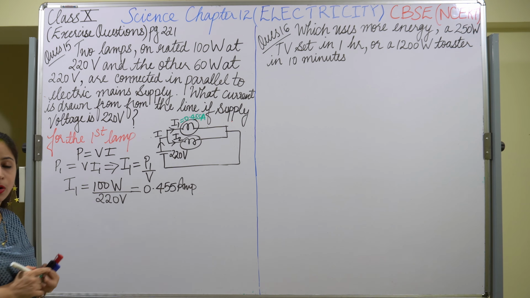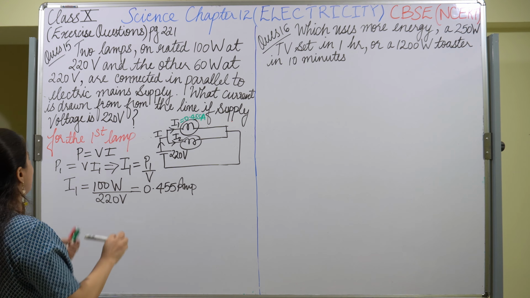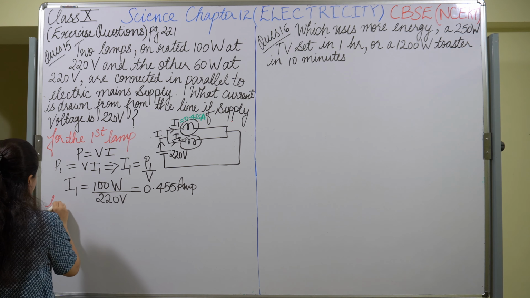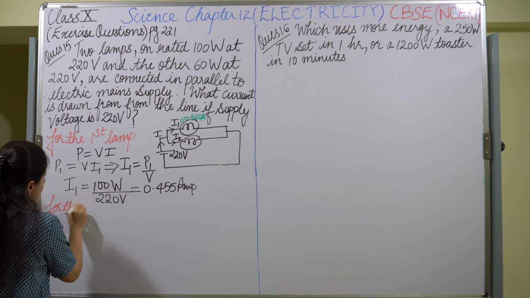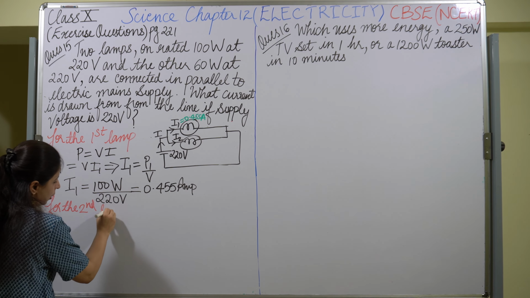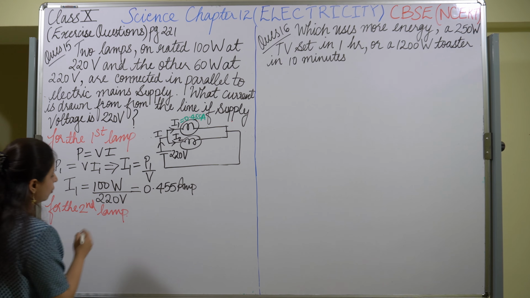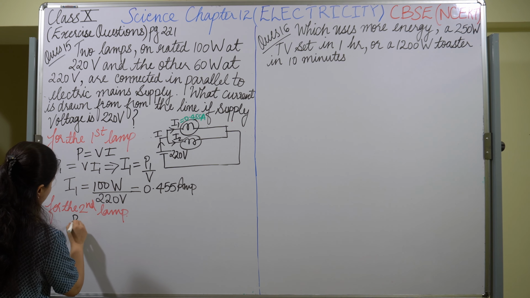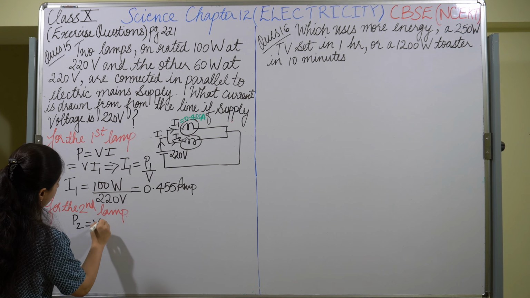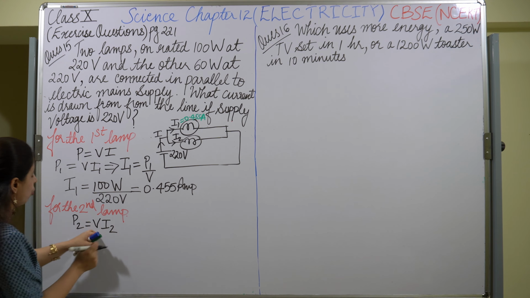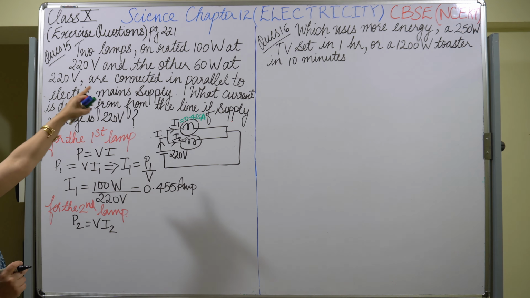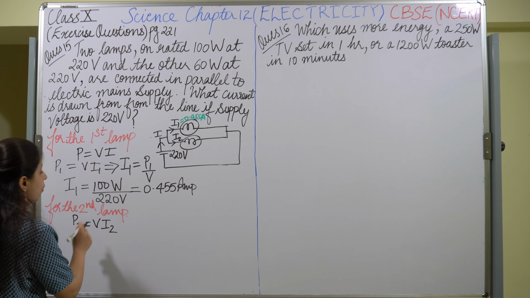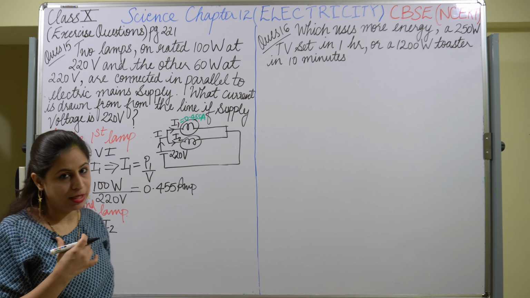Now let us calculate the value of I2, which will come from the second lamp. For the second lamp, again P2 equals VI2. The voltage is the same, 220 volts in both cases, so we put the same voltage. Voltage remains constant only in parallel circuits.